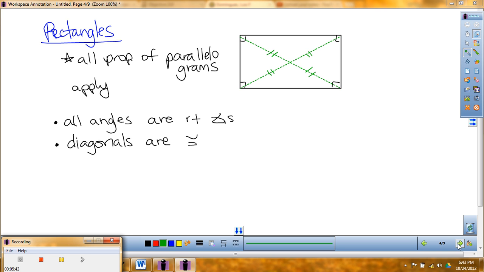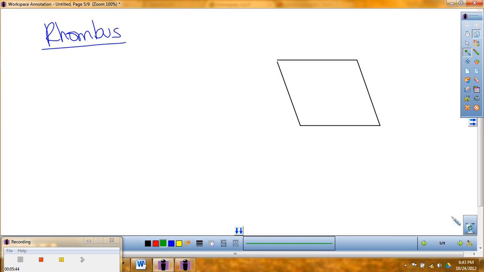Okay, so now we move on to the rhombus. We're sticking with those shapes that have two pairs of parallel lines. So yes, a rhombus is a parallelogram, so all properties of parallelograms still apply.